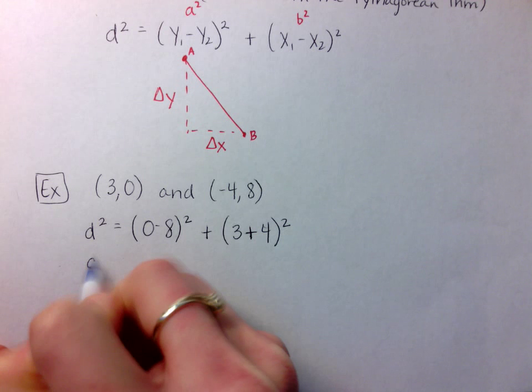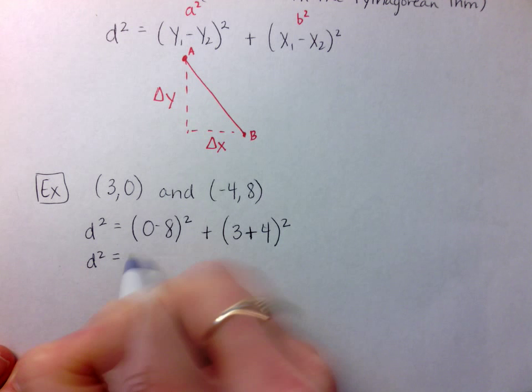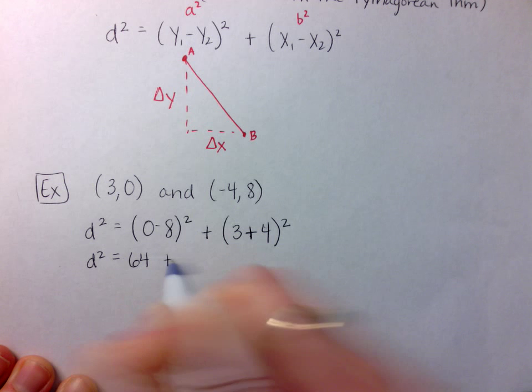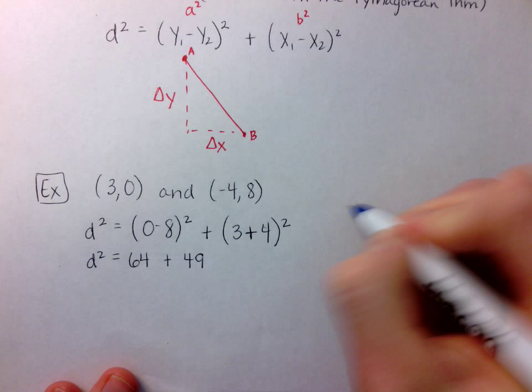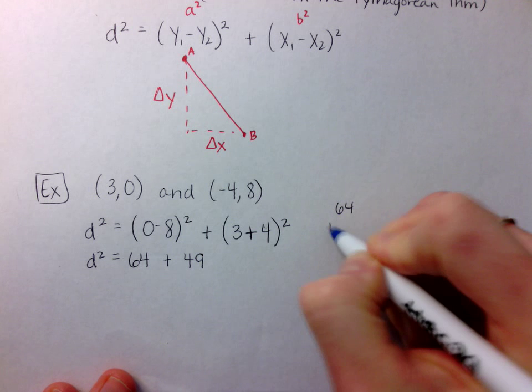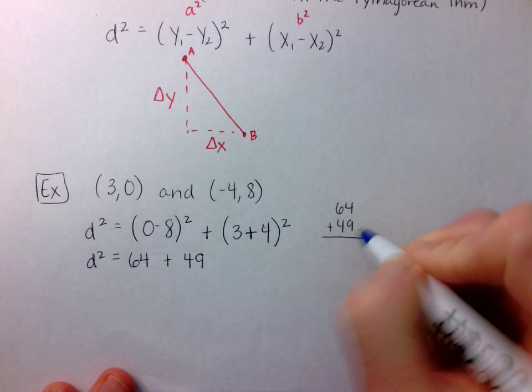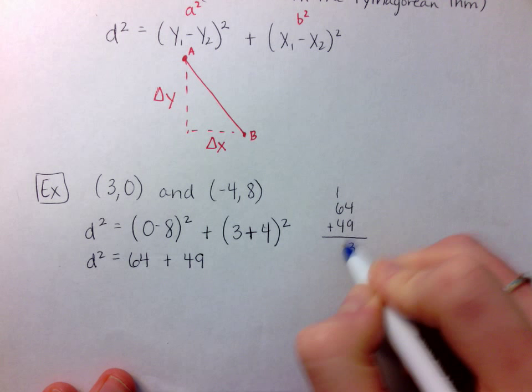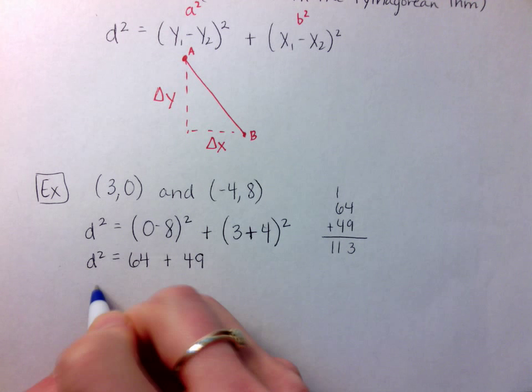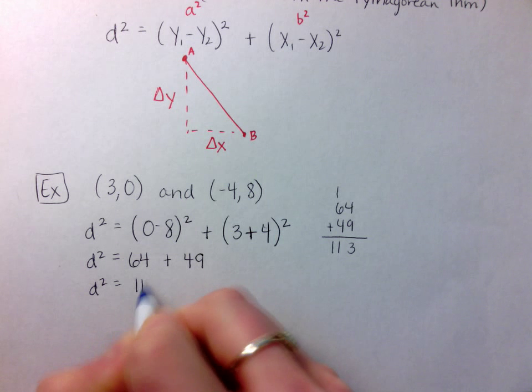If we simplify those, we get d squared equals 64 plus 49. I don't have my calculator with me, so adding those up, I get 113. Okay, d squared equals 113.